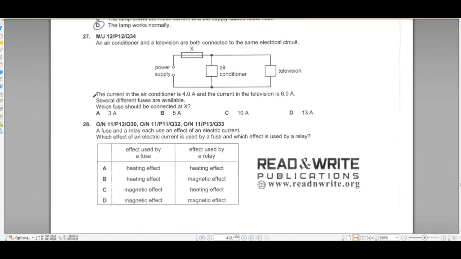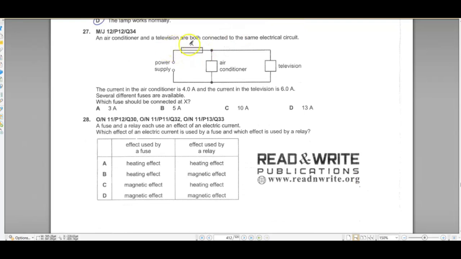Question number 27. An air conditioner and a television are both connected to the same electrical circuit. The current in the air conditioner is 4 amperes and the current in the television is 6 amperes. Several different fuses are available. Which fuse should be connected at X? Because they are connected parallel to each other, one has 4 amperes and one has 6 amperes current. So together they have 10 amperes of current.